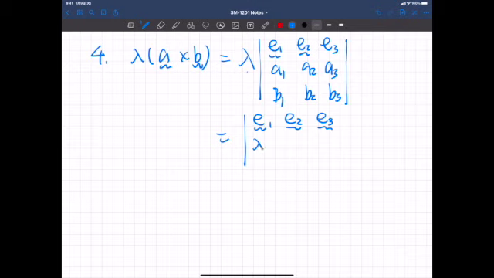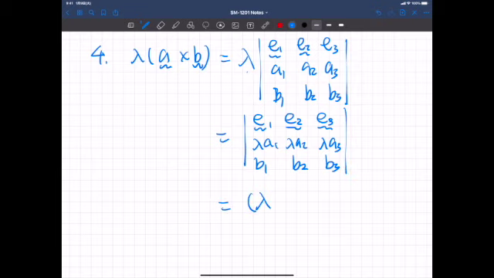So it should be the same as lambda A1, lambda A2, lambda A3, B1, B2, B3, which is the cross product between lambda A and B.